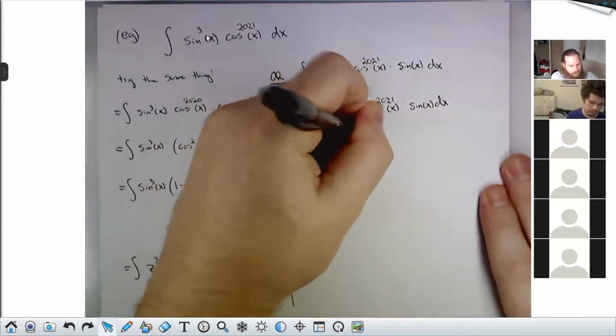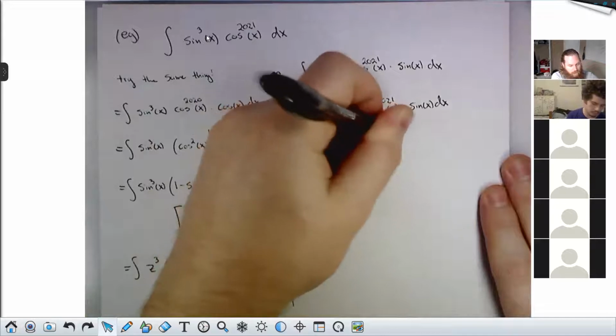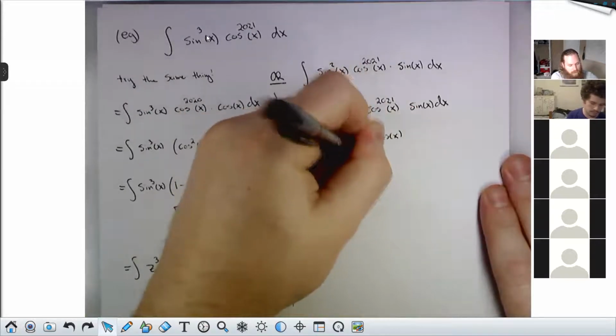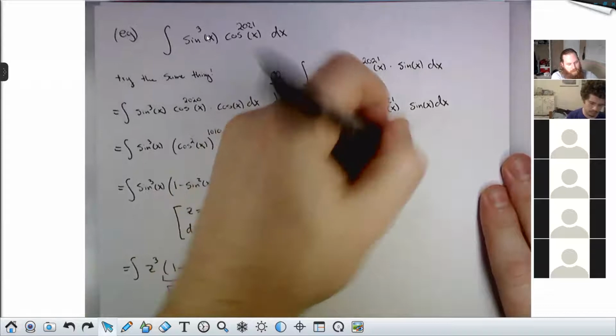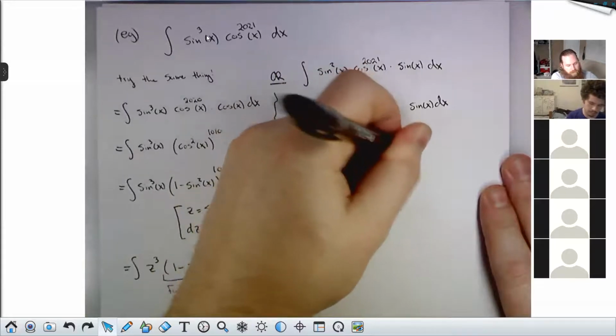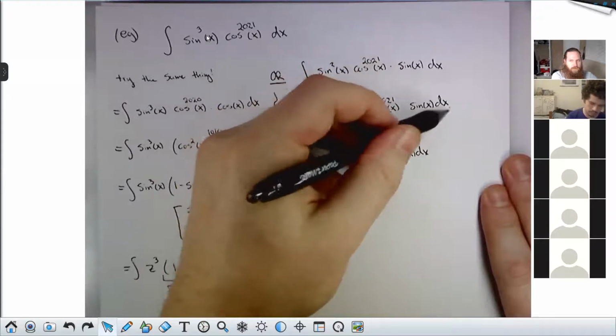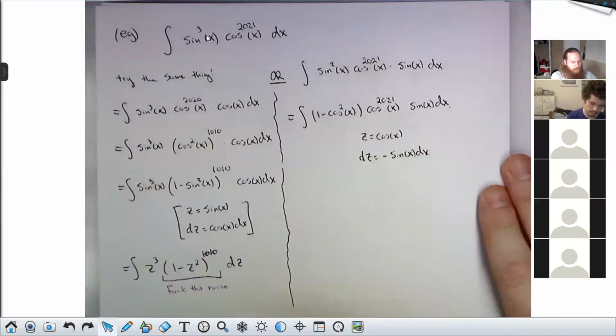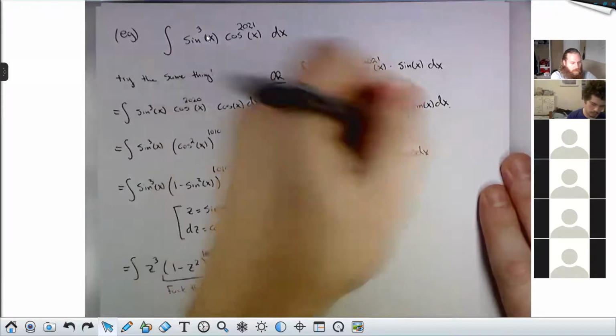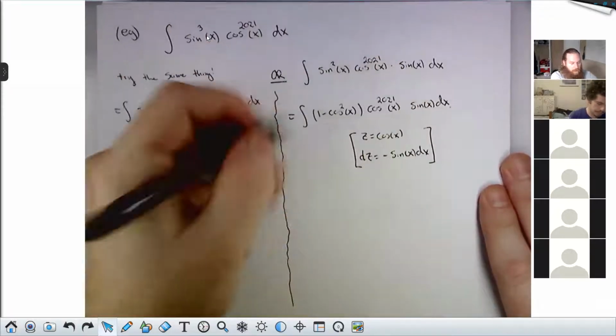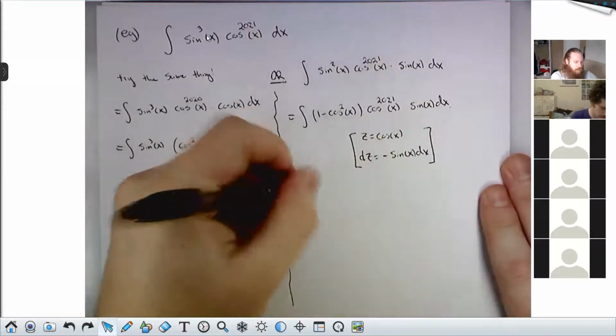So here, if I make the substitution, z equals cos x, then dz will be negative sine of x dx. So this piece, instead of being dz, will be negative dz. That's not bad. And again, I'll be left with a polynomial. This time, though, the polynomial will be easier to work with.